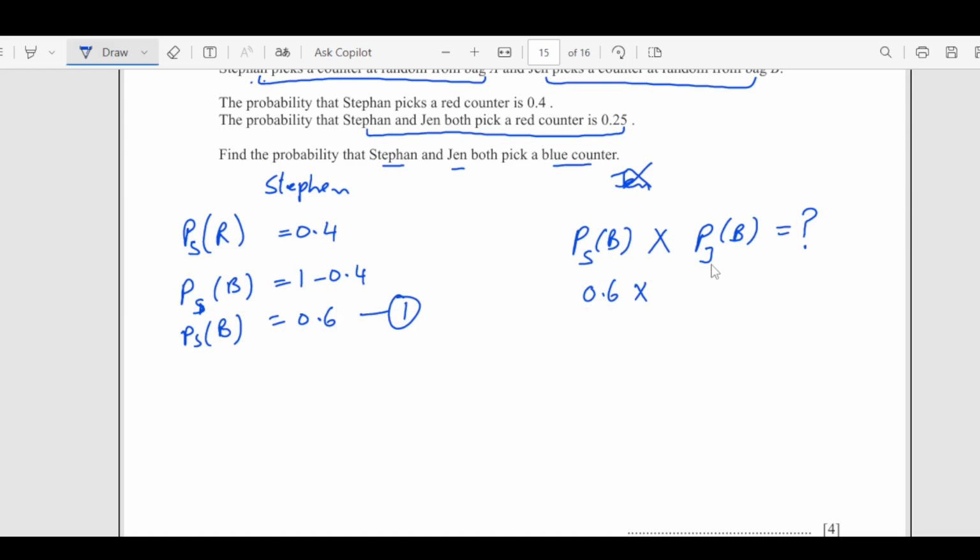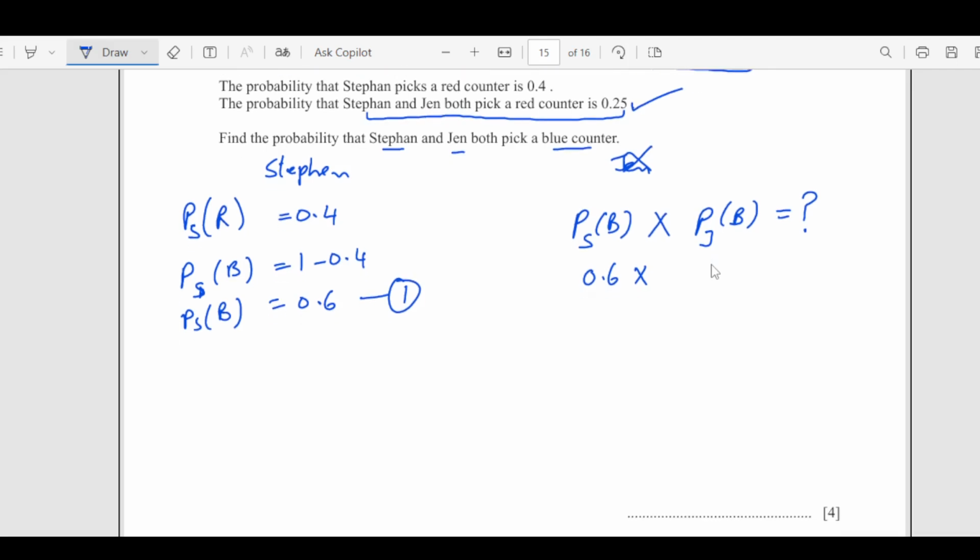So what else are we given? We are given this: the probability that Stephen and Jen both pick red. So I write the probability of Stephen picking red times the probability of red picked by Jen is 0.25. The probability of Stephen picking red is 0.4.